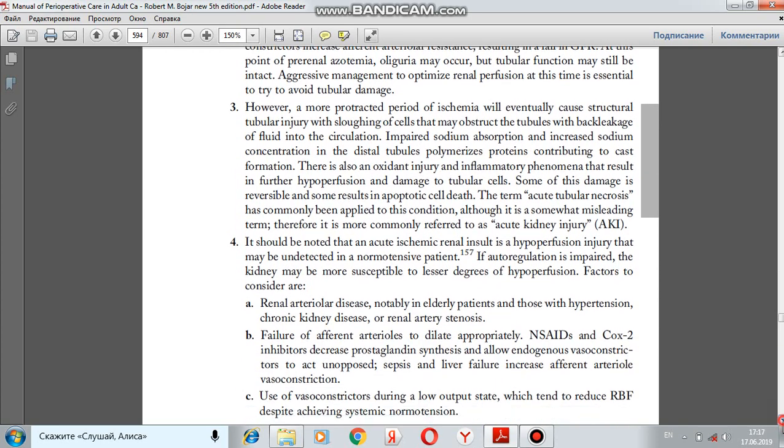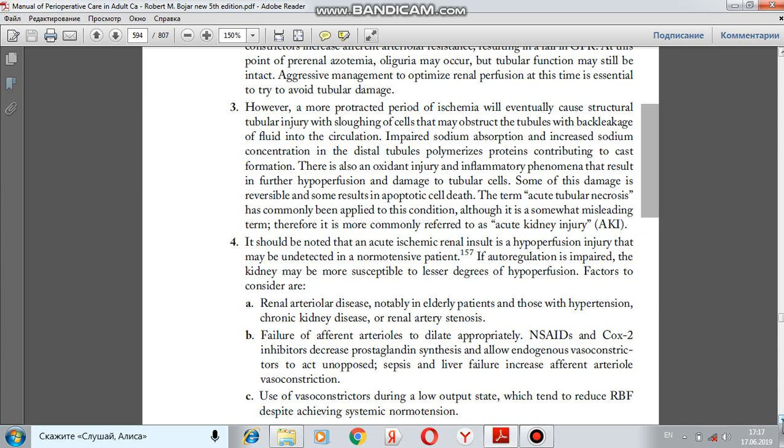3. However, a more protracted period of ischemia will eventually cause structural tubular injury with sloughing of cells that may obstruct the tubules with back leakage of fluid into the circulation. Impaired sodium absorption and increased sodium concentration in the distal tubules polymerizes proteins, contributing to cast formation.